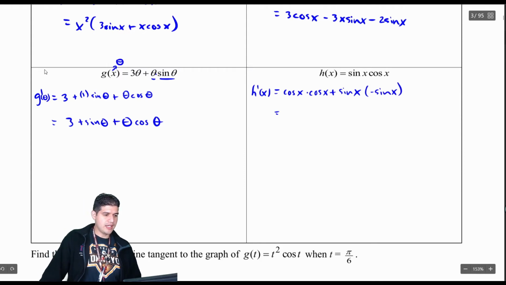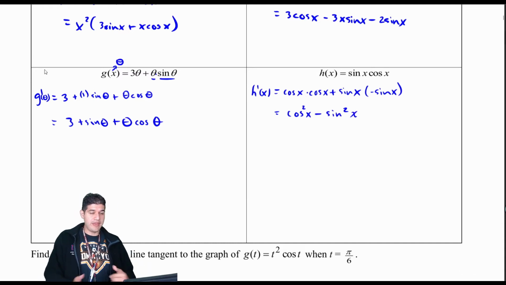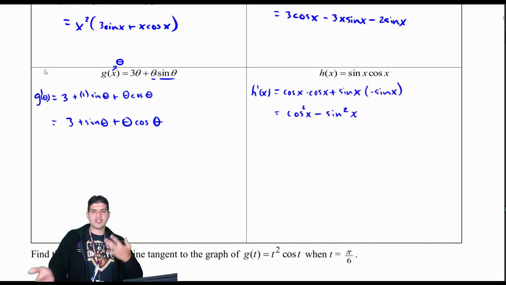All right, so then I have cosine squared of x minus sine squared of x. And that's going to be our derivative. So make sure you actually do multiply those out if you can.